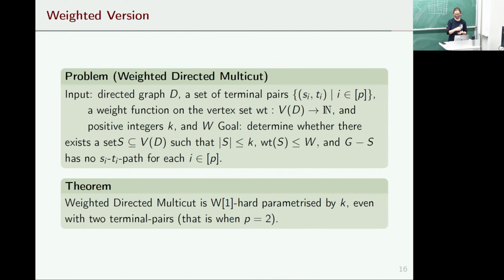So then you only need 2 terminal pairs. It's hard even for 2 terminal pairs. So no, we can't also do this for the weighted version.